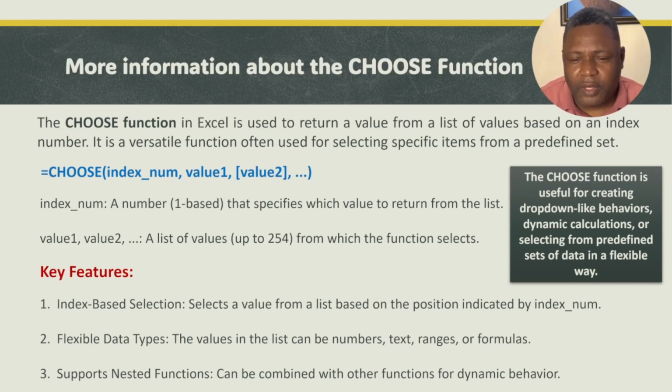Okay, so the choose function is useful for creating drop-like behavior, dynamic calculations, or selecting from a predefined set of data in a flexible way. So let's see how this is done.